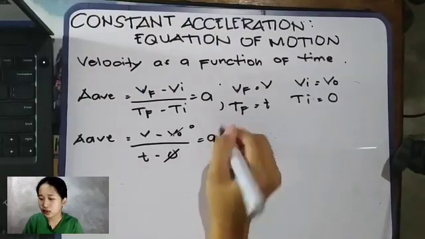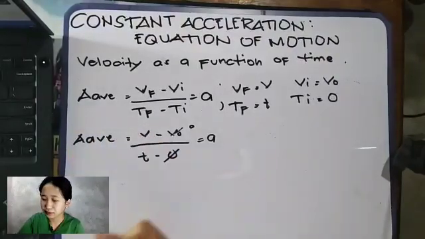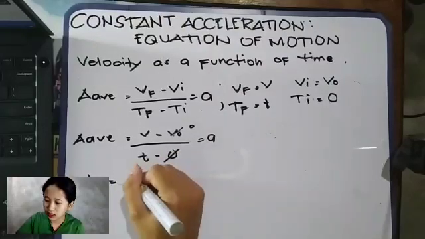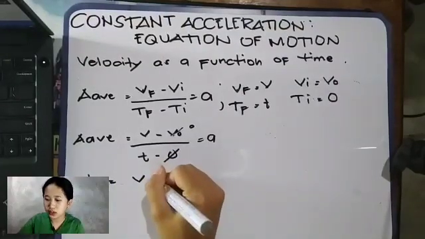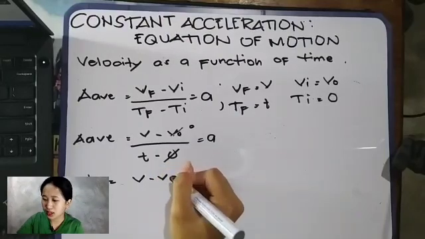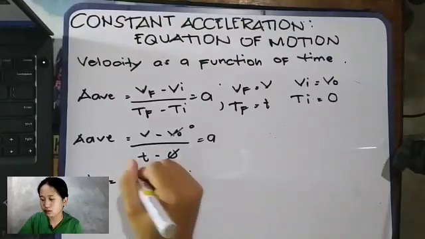Then, ita-times mo na siya dito. So, magiging a t is equals to V minus V0.